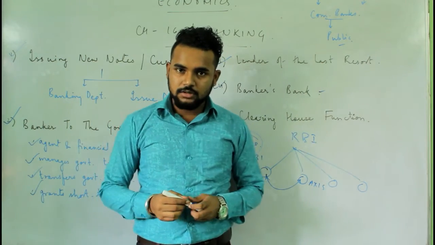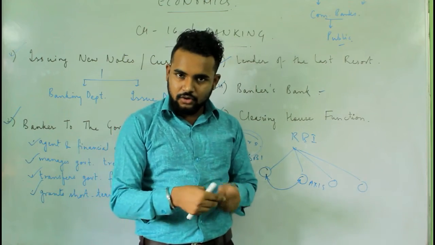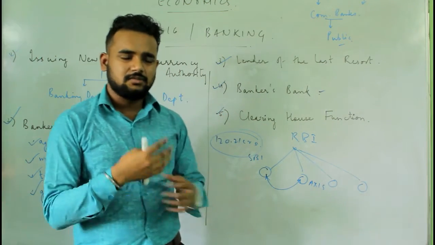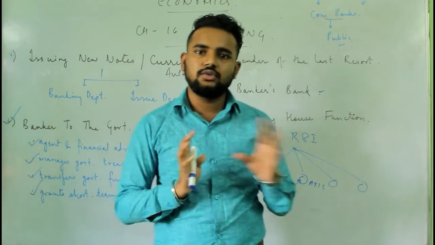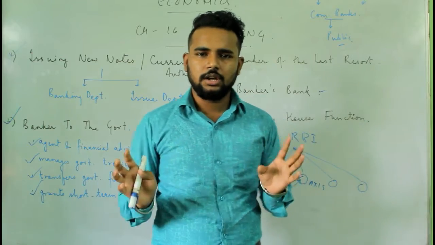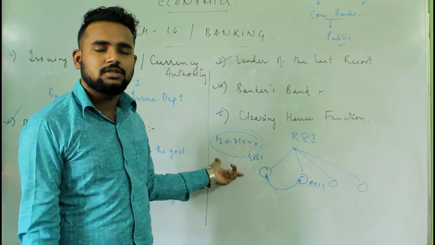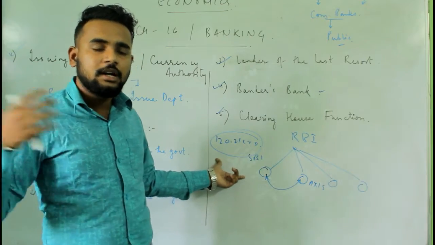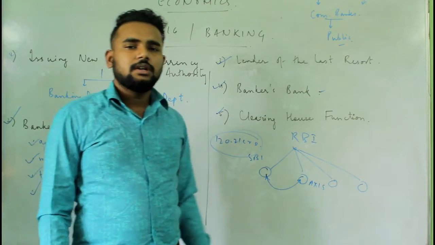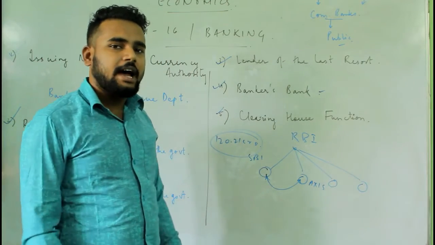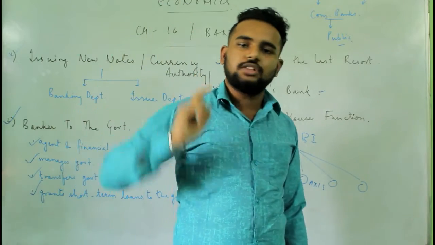This is a huge amount. Now if I sit on counting the notes and sending it as cash, a very huge amount of money, it is a very troublesome work for me to sit with the money, count it, and provide it to Axis Bank. So what I can do simply is that I will just give a command to the RBI.